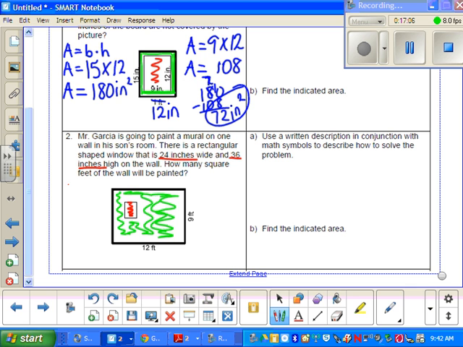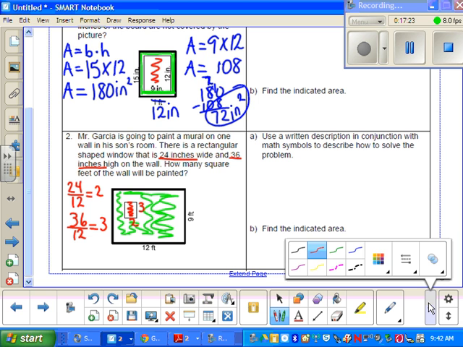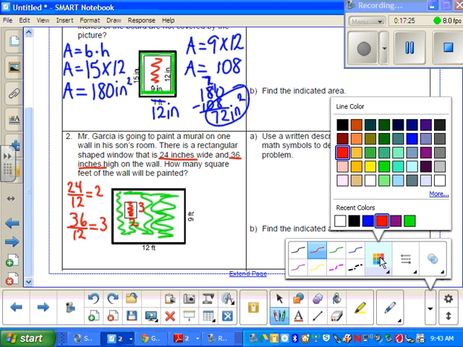So I'm going to label my window as 2 feet by 36 inches, which to change that to feet, I would divide by 12, and I would get 3. So now my window is 2 feet by 3 feet, and I have everything in feet before I get started.